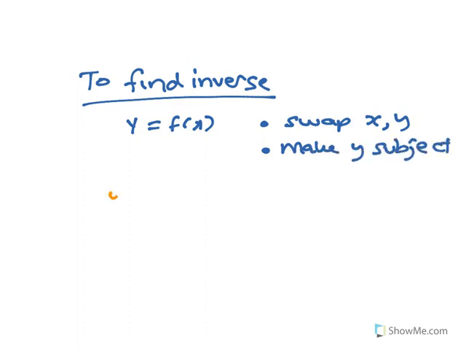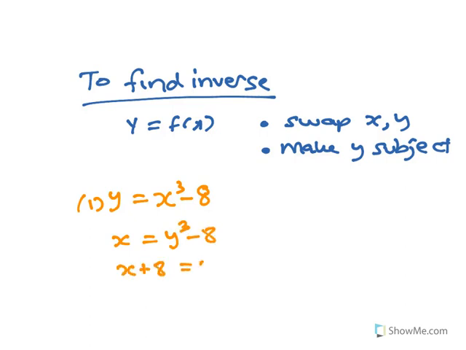So for example, if you've got y equals x cubed minus 8, then to find the inverse, x equals y cubed minus 8, x plus 8 is y cubed, and then you simply just cube root the other side. So that would be your inverse function.